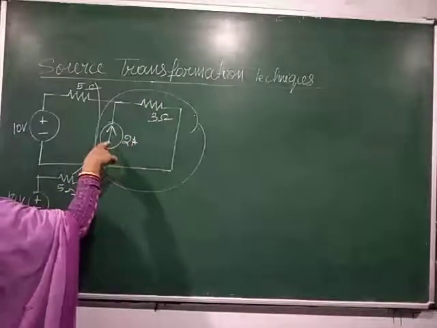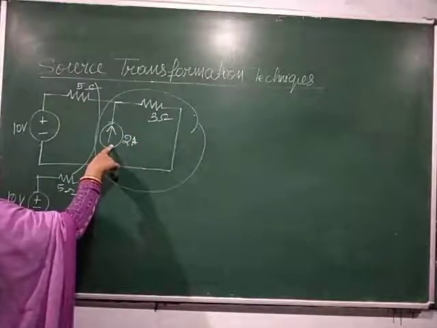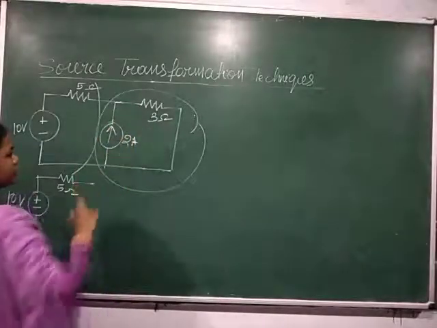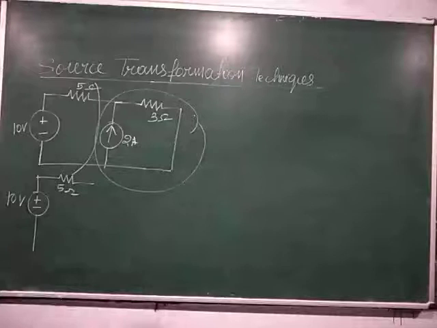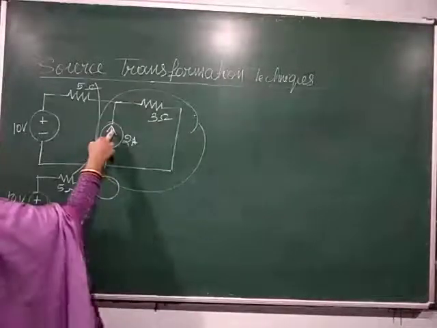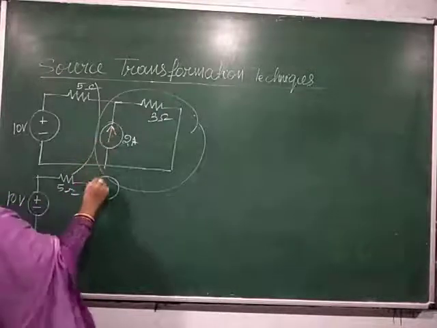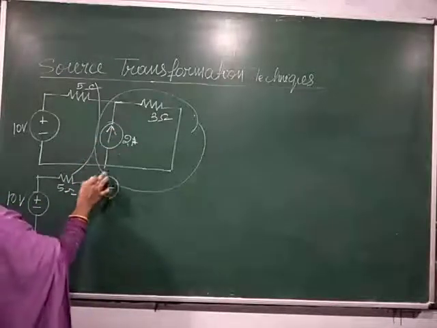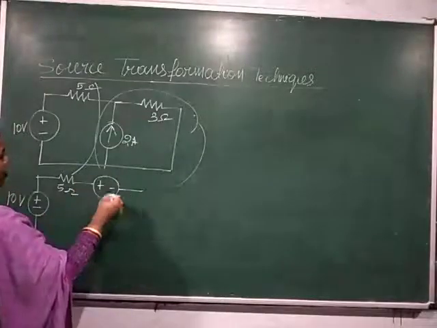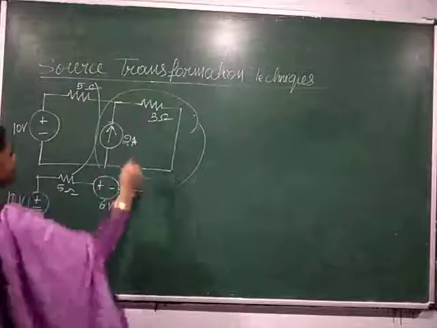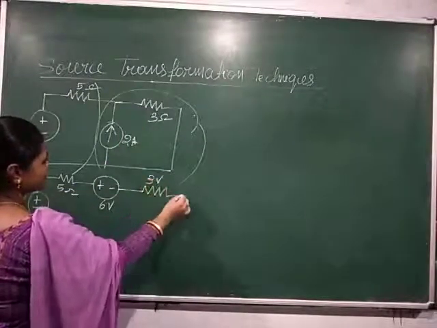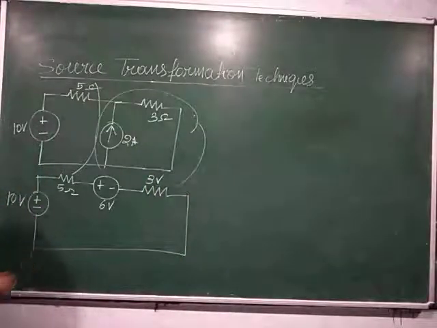If I convert this into a voltage source, then the voltage source magnitude is 2 into 3, 6 volt, and the arrow mark is the positive, another is the negative. This 3 ohm is in series with this 6 volt, and I complete the circuit.